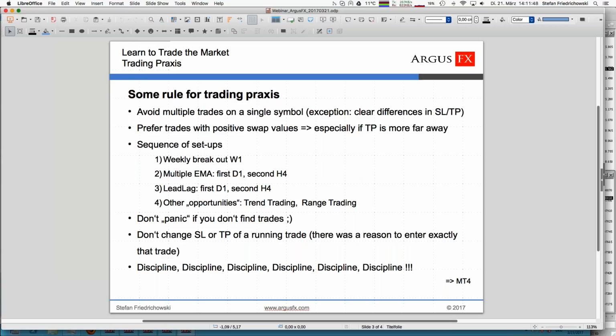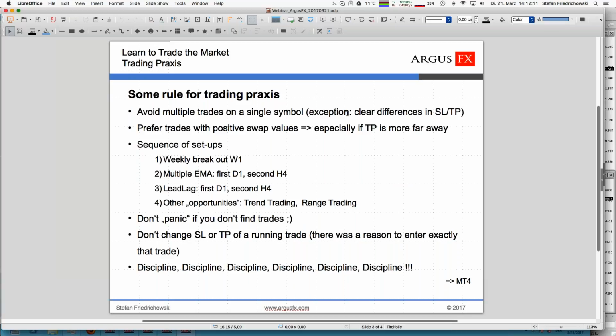In most cases, I don't open two trades on one single symbol, but there's an exception. And the exception is simply if the potential or the final stop loss and take profits for those two trades are really completely different.